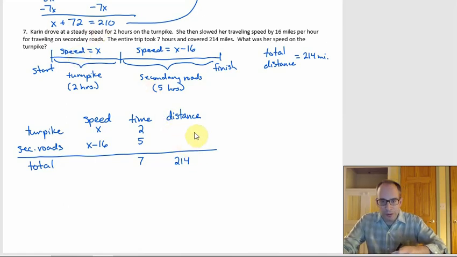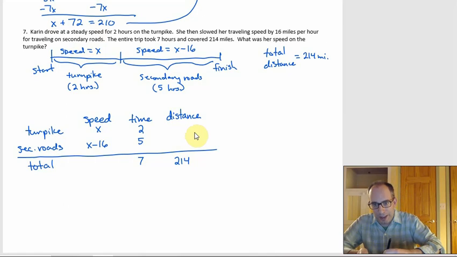The thing that you can use, and I can write it off to the side, is usually when you think of the speed formula, it's like this, where speed equals distance over time. But if you multiply both sides of this by time, you would get that speed times time is equal to distance.